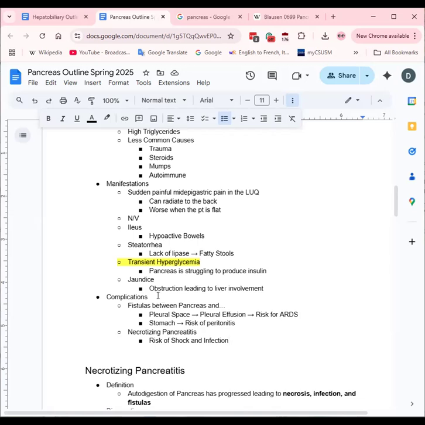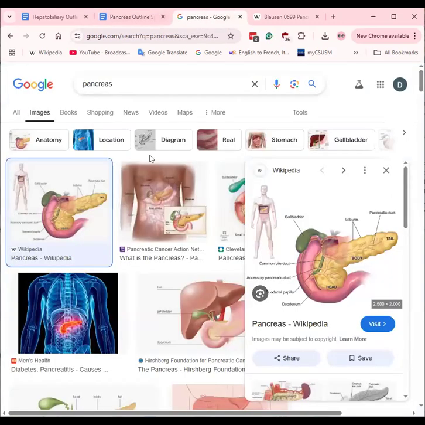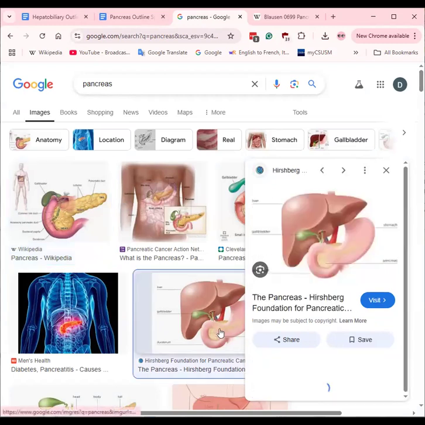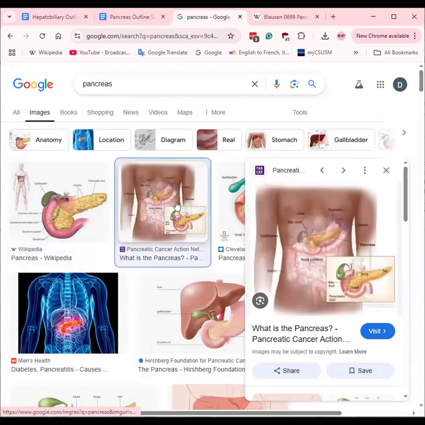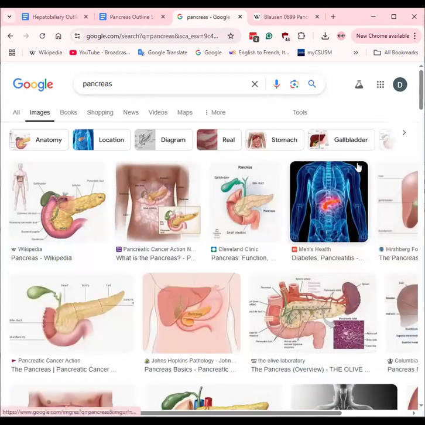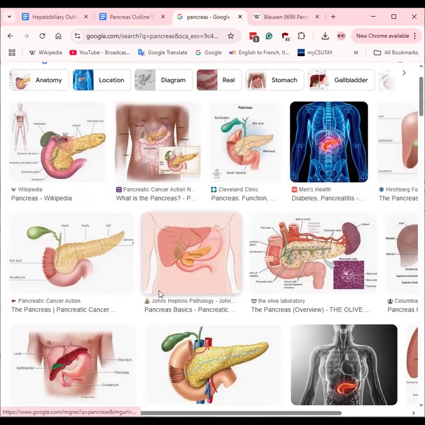Why is this connection happening? The reason it's happening is because the pancreas is eating itself. So if the pancreas is eating itself, eventually it's going to make a hole and then cause fistulas to occur because it's penetrating through and working through that way.